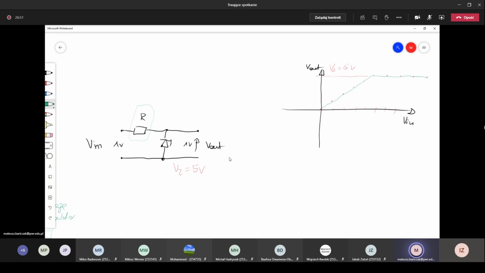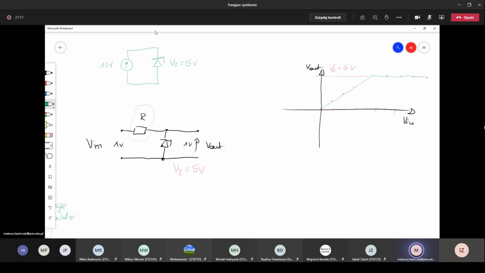So what will happen? What if we have the situation that we have 12 volts here, and then we have the Zener diode connected in this configuration. So we have the Zener diode connected like that, and this UZ is equal to 5 volts.